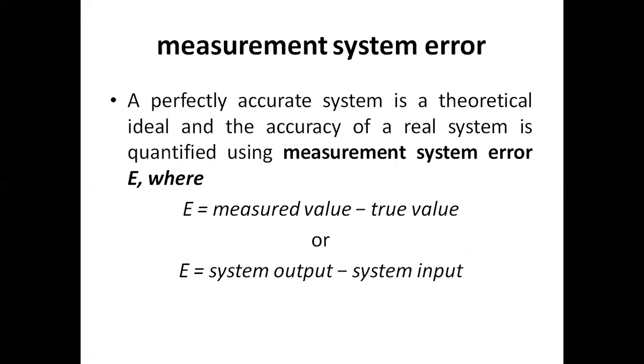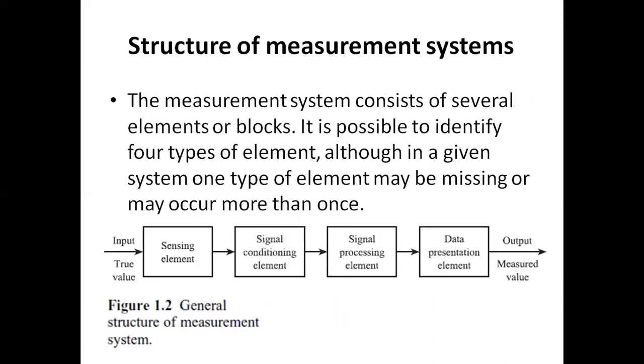A perfectly accurate system is a theoretical ideal, and the accuracy of a real system is identified using the measurement system error, where the error is the difference between the measured value and the true value. Or put differently, the error is the system output minus the system input. This is something we know. It's not very difficult.